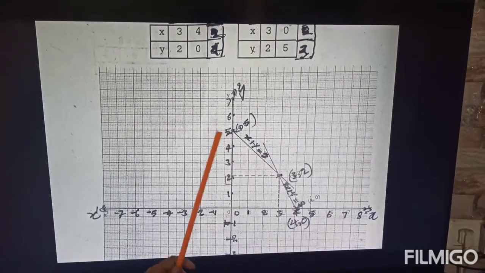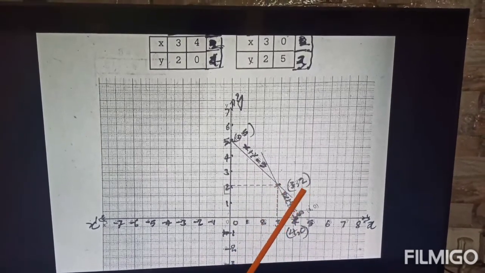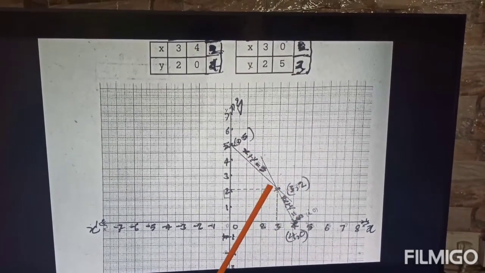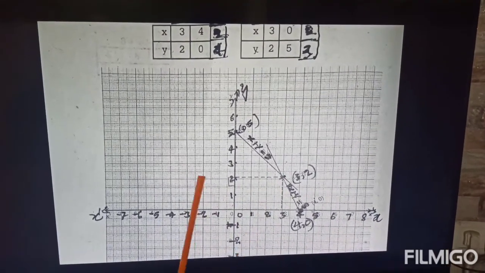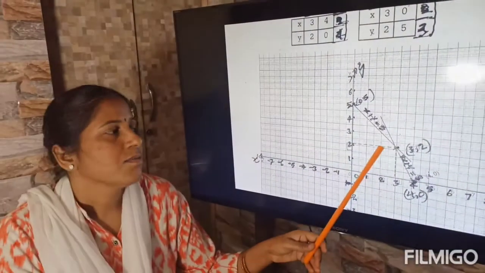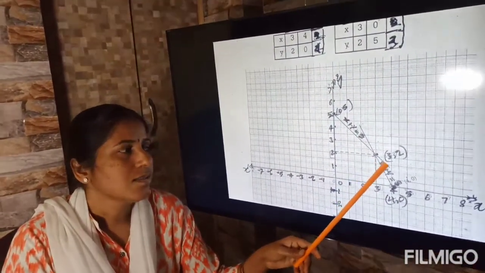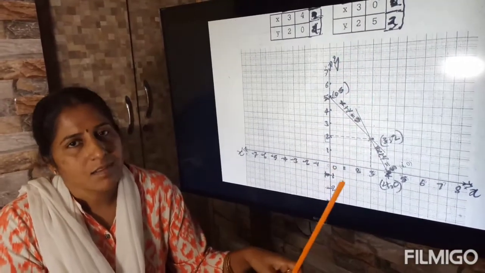Join them, and both the straight lines intersect at the point 3, 2. Therefore, this intersecting point gives the values for x and y. What coordinates are there for this intersecting point? 3, 2 are the values for x and y.